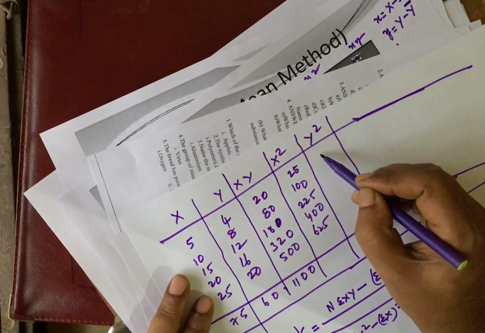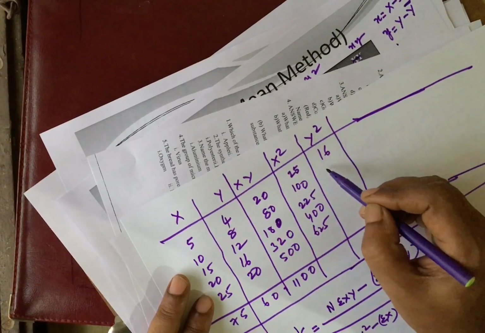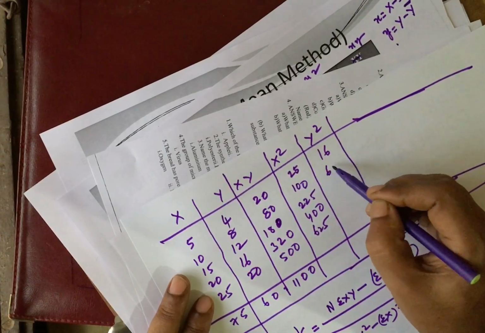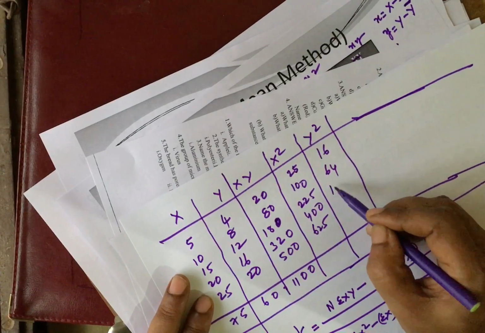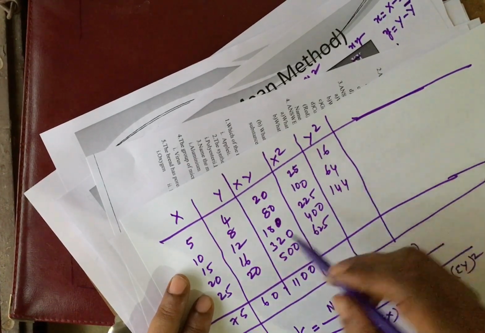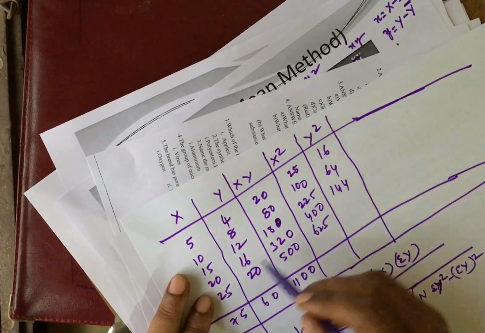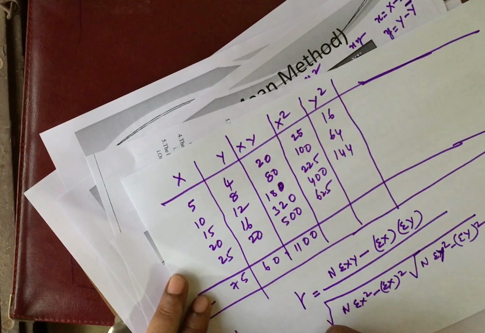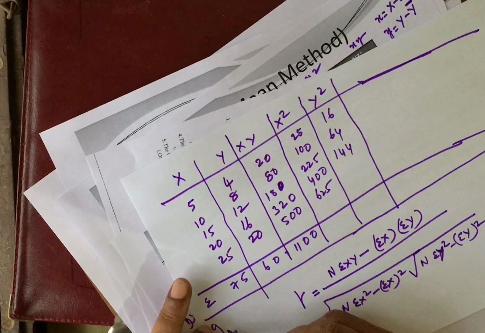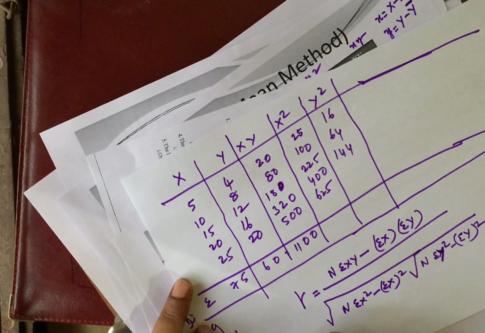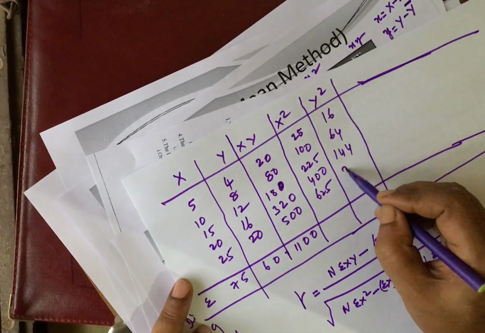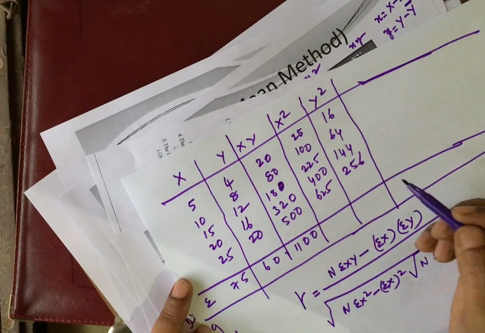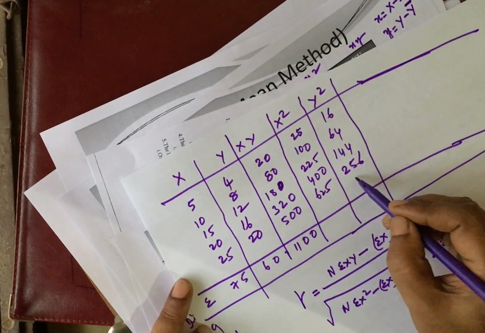The same way for y: 4 into 4 is 16, 8 into 8 is 64, 12 into 12 is 144, 16 into 16 is 256, 20 into 20 is 400.